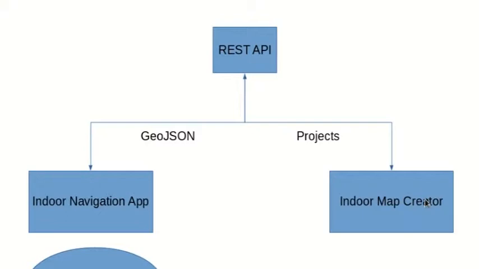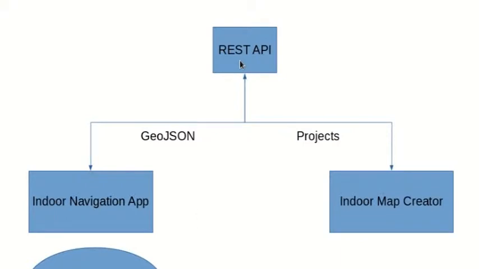Once you save this project map, it will create a GeoJSON file, which is a JSON format that represents the geometrical features, and it will be stored permanently in a database. We are using MongoDB as the database, through a REST API call. That GeoJSON in the database can be accessed by this indoor navigation app through a REST API call.